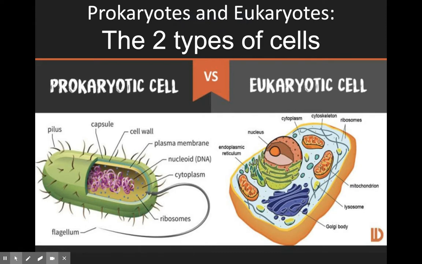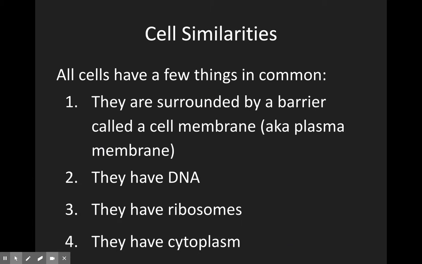The one on the left is a prokaryotic cell, and the one on the right is a eukaryotic cell. We're going to explain each of these things, and we're going to talk more about the different organelles later on in this chapter. But I just want to talk about a few specifics of the two.